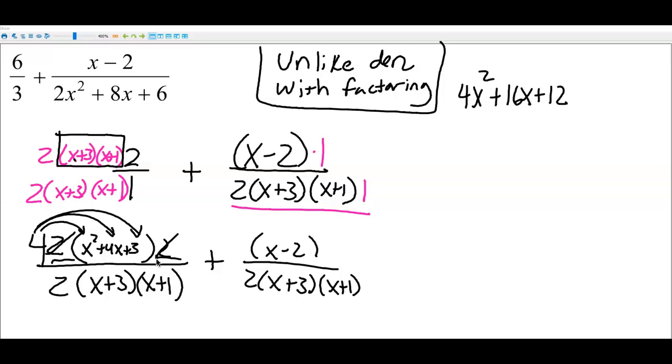This 2 came from when I matched the denominators. It got another 2 on there. So one of them came from the beginning, one of them came after I matched. Oh, that's a 2.